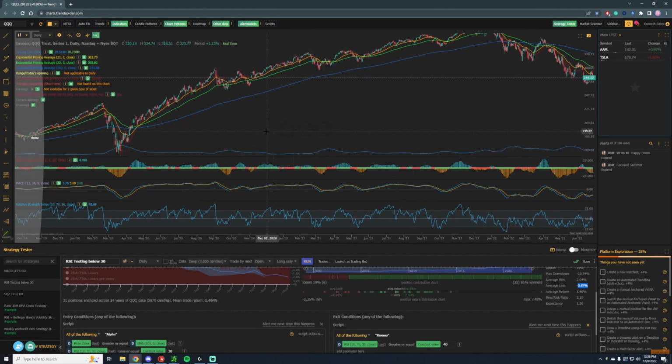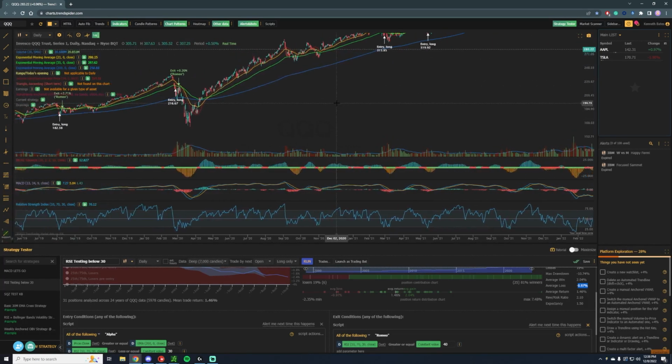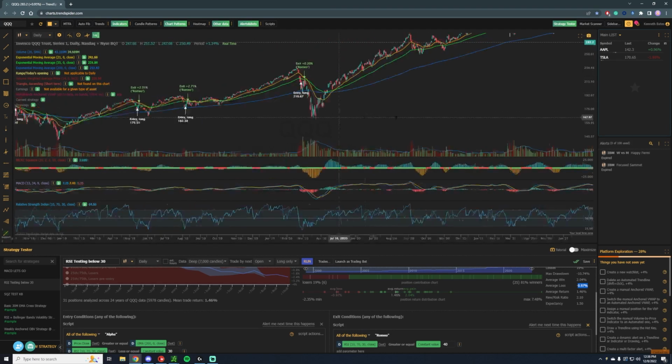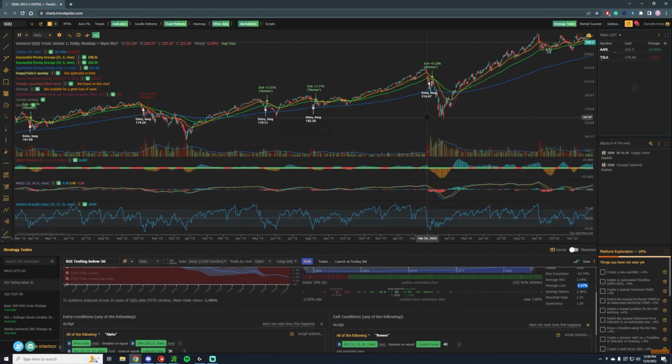Continue going back down. During the pandemic move, we even had a trade put in for a staggering 0.2% move on a, again, the RSI is looking at the momentum of the downside. So this is the standard that we put in: we're playing a potential bounce on oversold, okay?